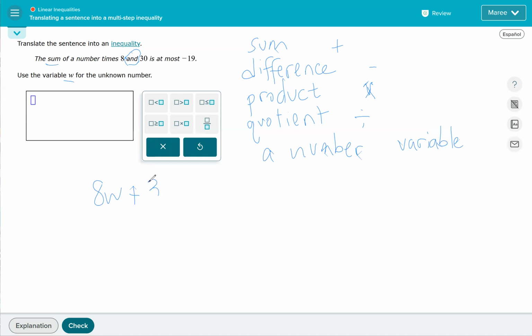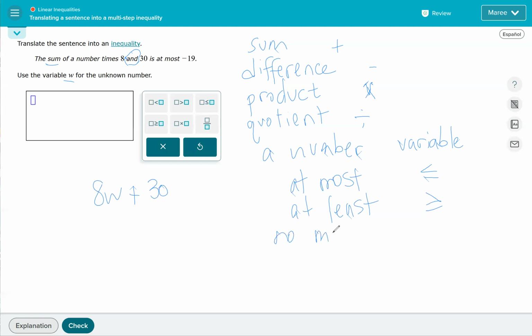When it says at most, so at most means it can't be more than that number, but it could be equal to. So that's a less than or equal to. While we're here, we'll put at least, because that's similar to the opposite of at most, and that's greater than or equal to. And then we have no more than and no less than.